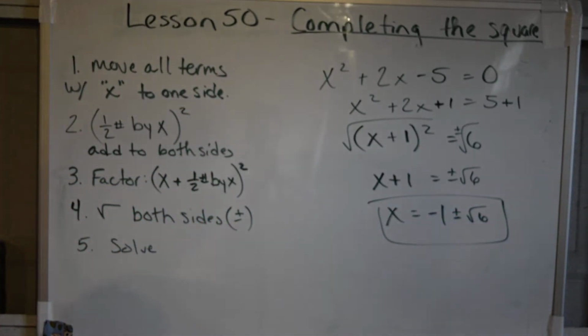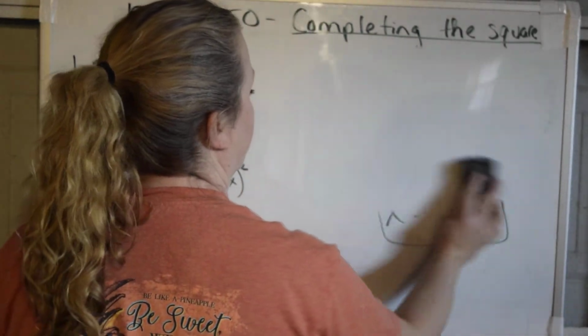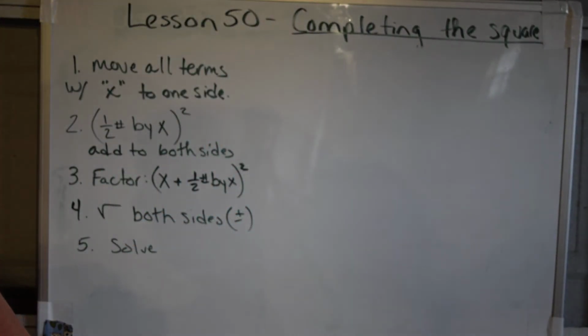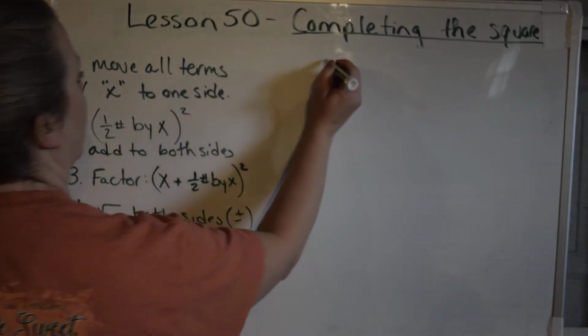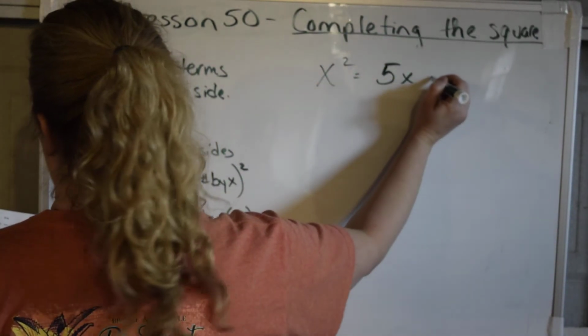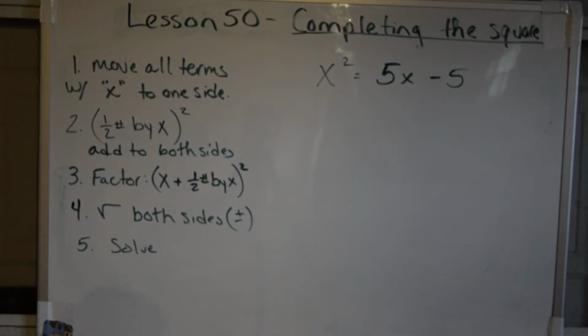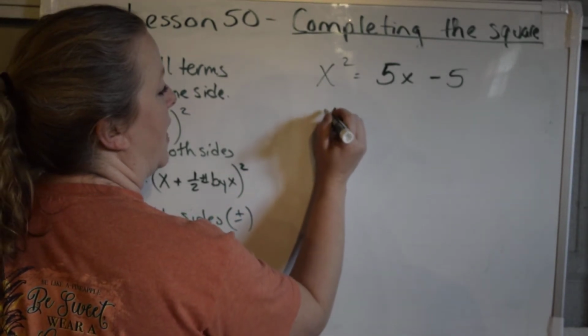Okay, now we're going to do one that's slightly more difficult. X squared is equal to 5x minus 5. We start by getting the x's together, so I'm going to bring my 5x over.